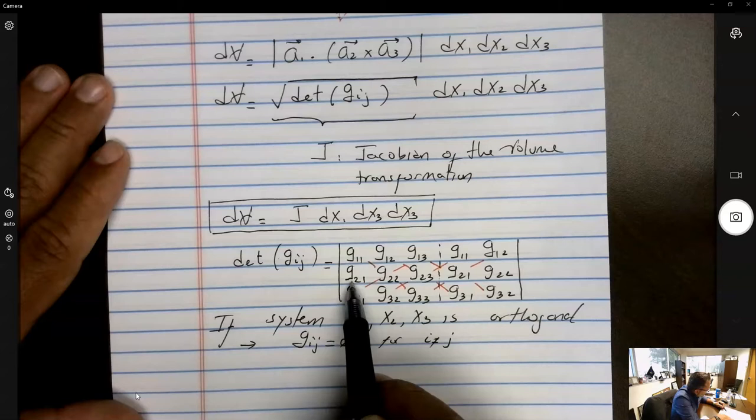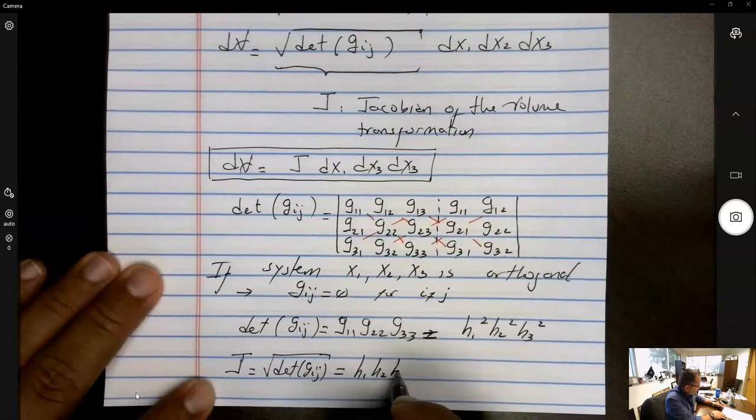And therefore, this is equal to h1 squared, h2 squared, h3 squared. So the differential of volume, the Jacobian, is equal to the square root of the determinant of gij, which is h1, h2, h3.